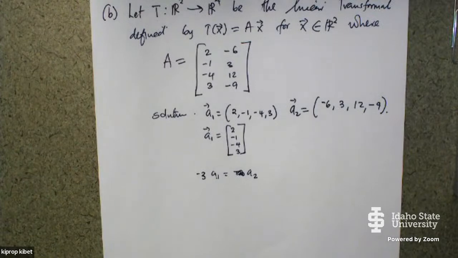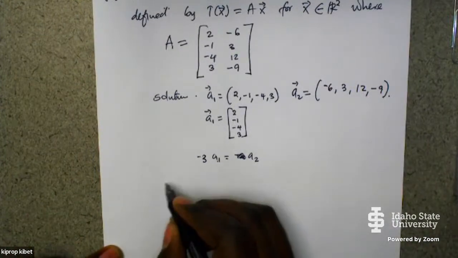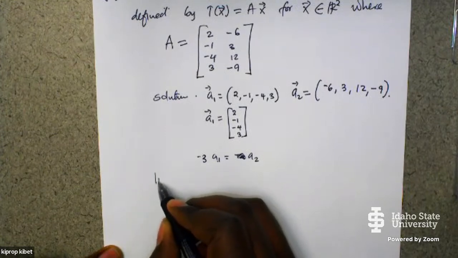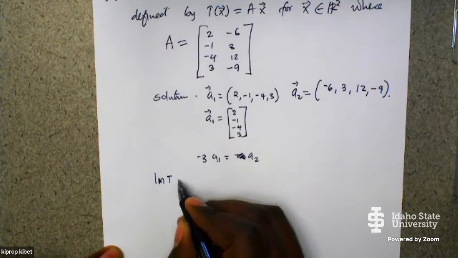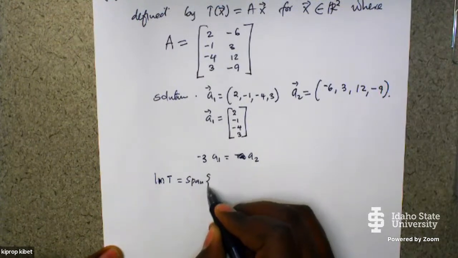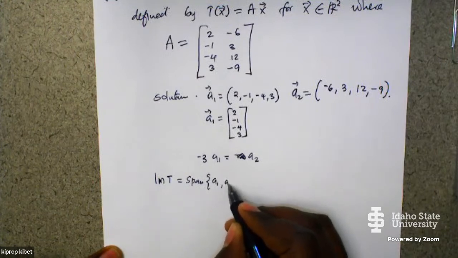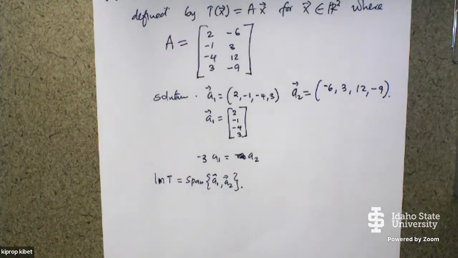Then the image, which is the span, so the image of T, if we recall, is the span of A1 and A2.